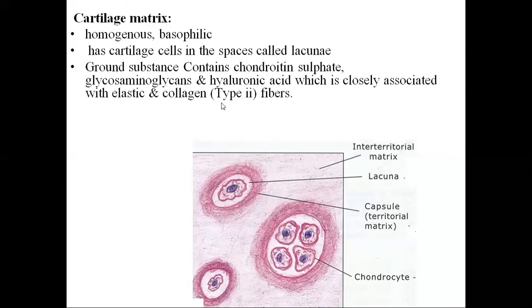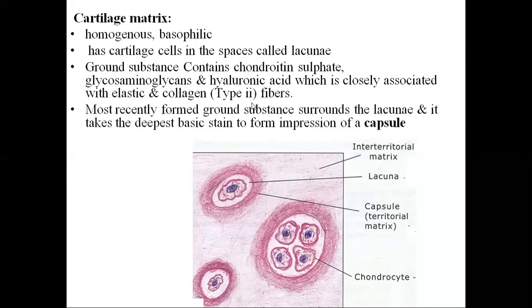So when I say collagen fibers, hyaline cartilage contains collagen type 2 fibers, whereas elastic cartilage will contain elastic fibers, and the fibrocartilage will contain collagen type 1 fibers. So these are the differences between the cartilages. Here also I mentioned one difference, that usually the cartilage matrix is basophilic, but more basophilic stain you can see in hyaline cartilage.